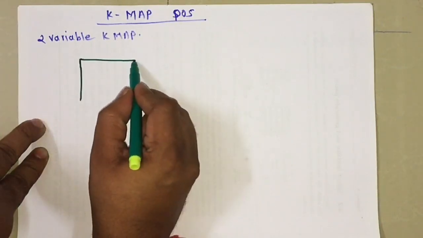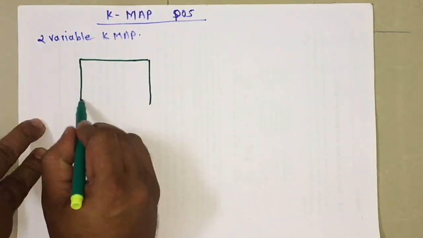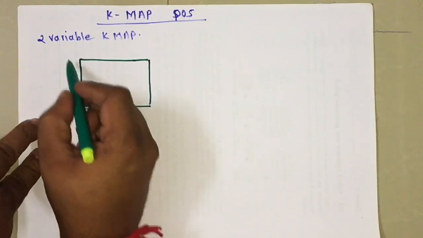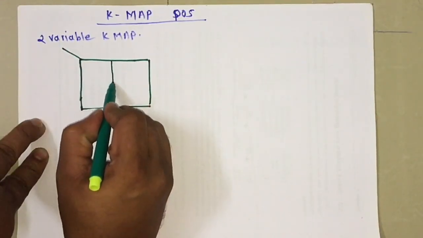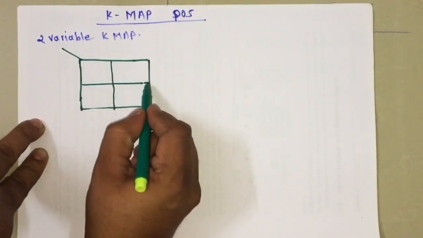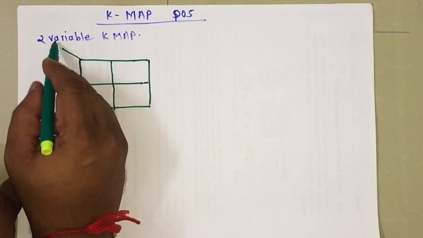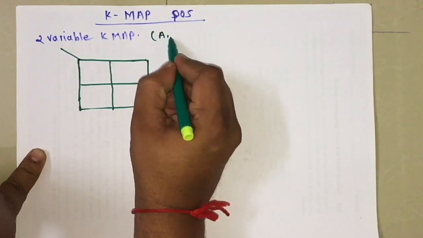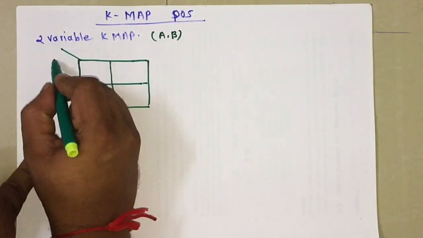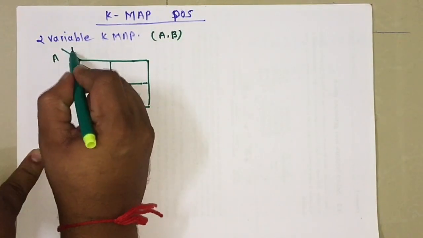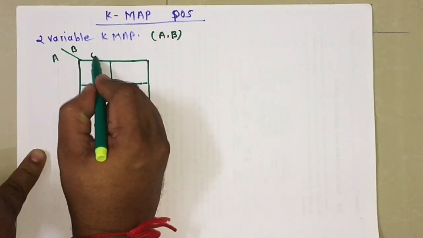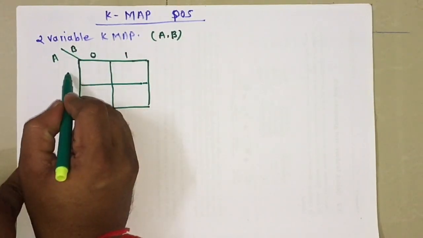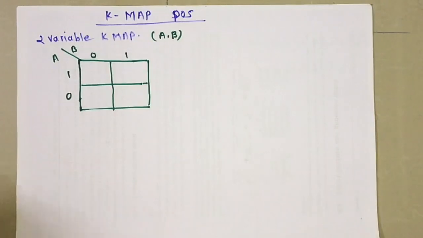So here I will draw the 4 square boxes, and here 2 variable indicates 2 literals. Let us consider the literals are A and B. So here I will show the literals A and B. So this value is 0 1, this is 1 0.